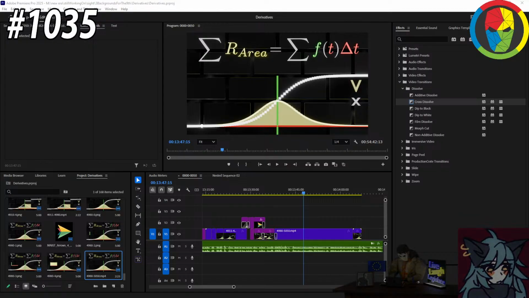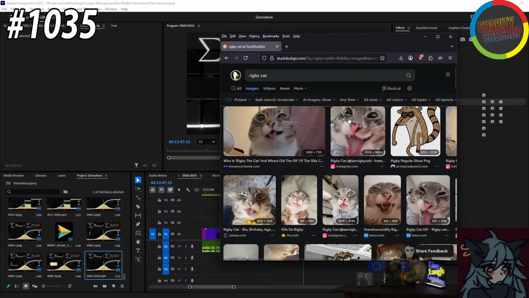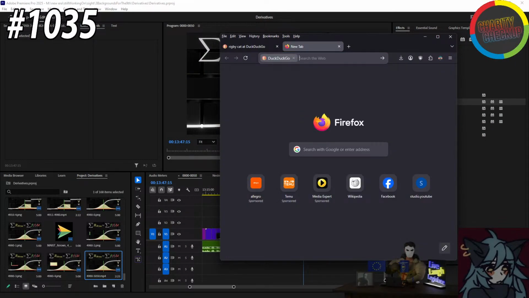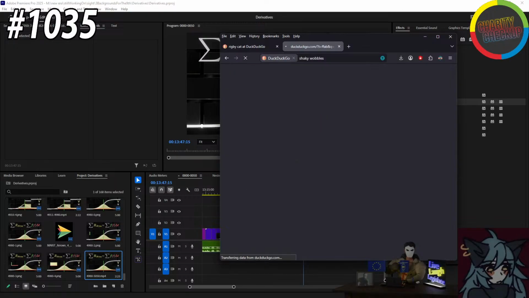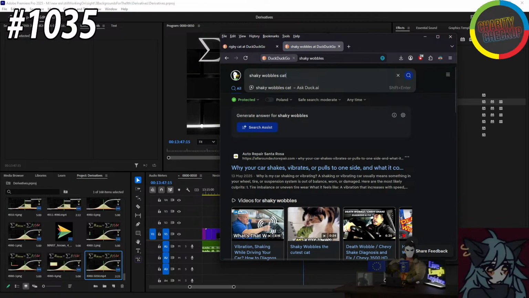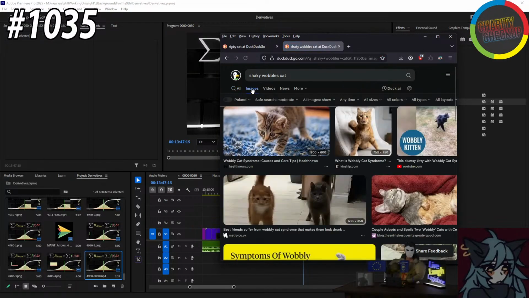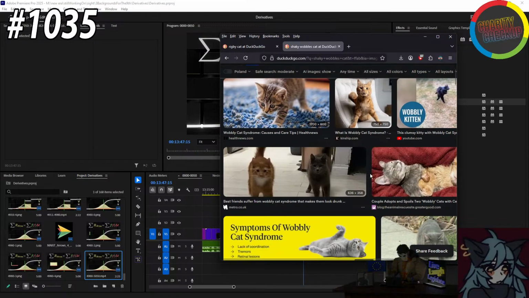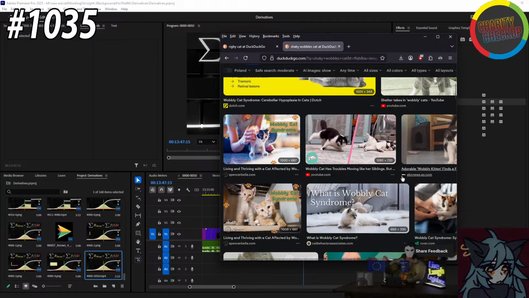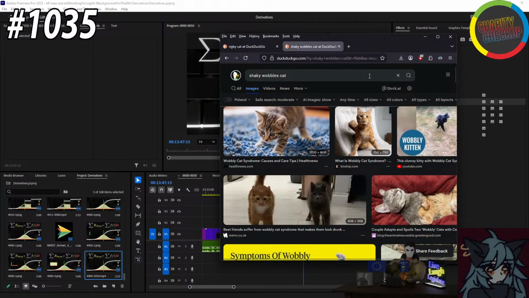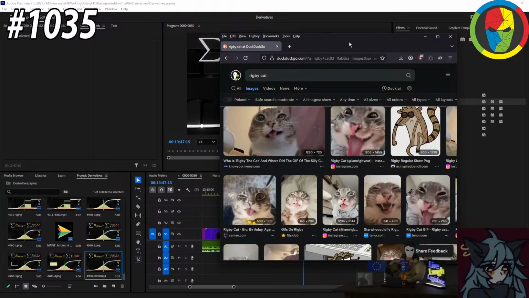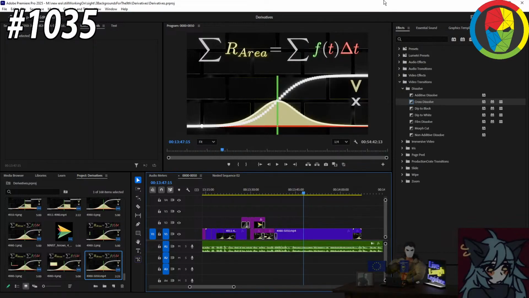Oh my god. I just like alternative cats. Rigby cat is brilliant. There's also Shaky Wobbles, I think it's what it's called. Shaky Wobbles cat, which you can't really see, but there's one that I really enjoy. They call them Shaky Wobbles, but it's basically like when they keep wobbling.